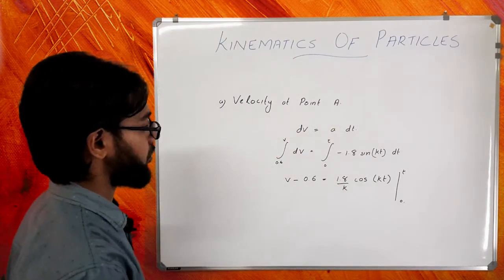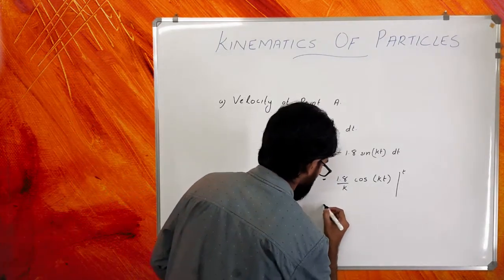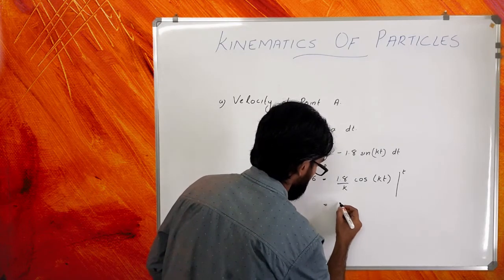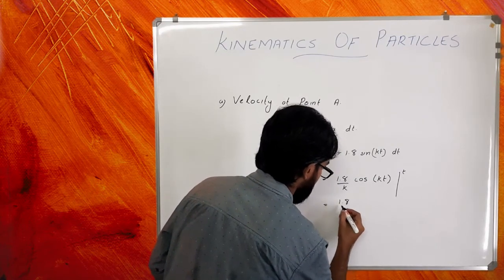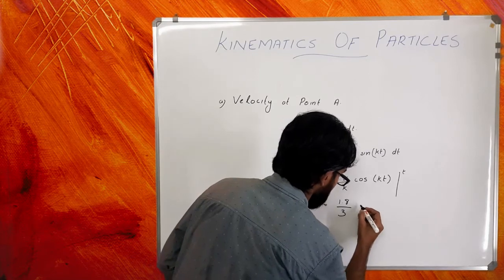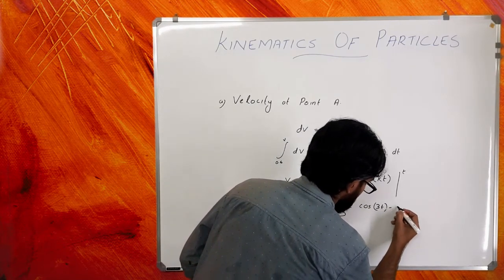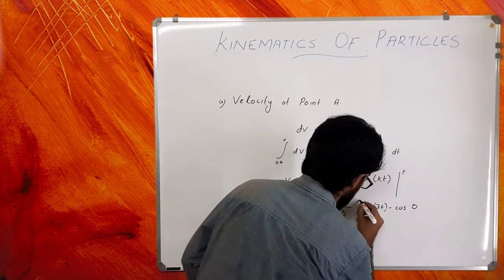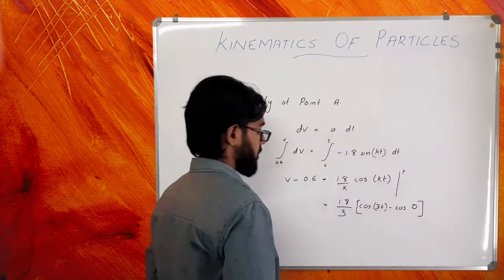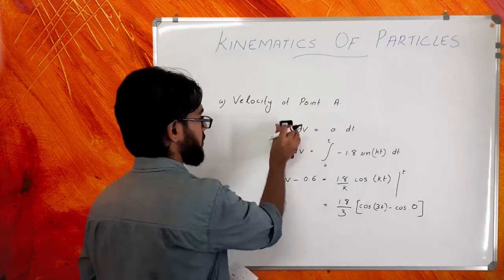Now if we look further, 1.8 by k, the value of k is 3, cos 3t minus cos 0.